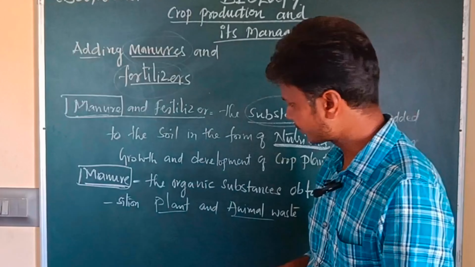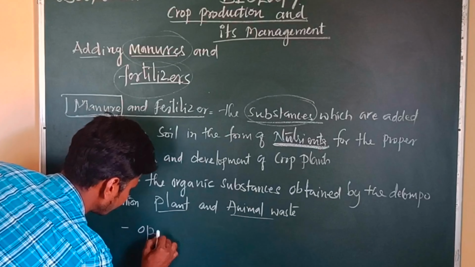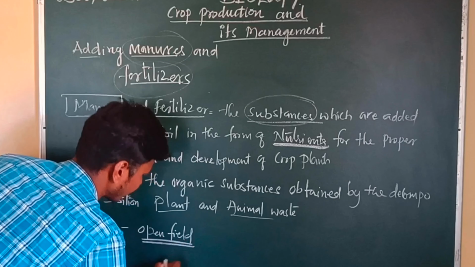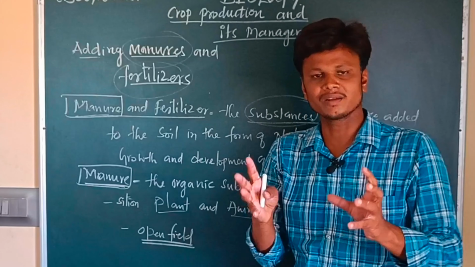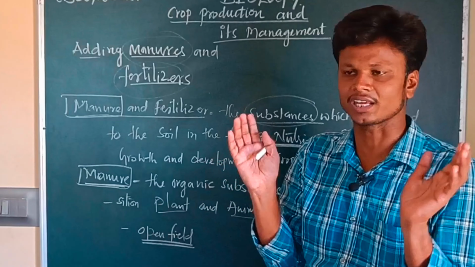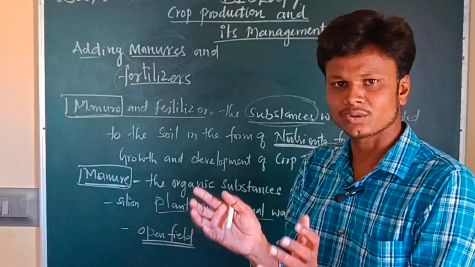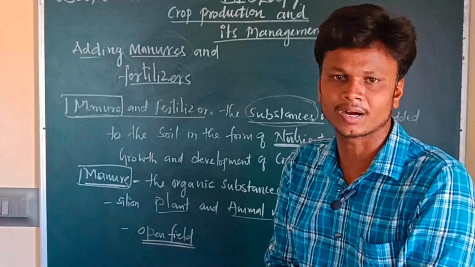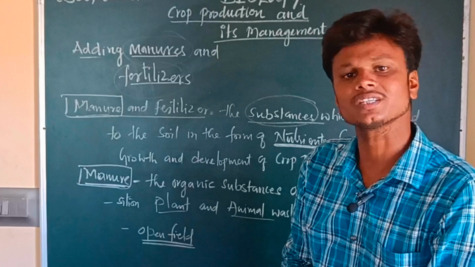Okay, so this manure is prepared in an open field. You might have observed in the village side that early morning the farmers carry the cow dung or animal dung or any plant waste in a basket, and they go and dump it in a pit they have made. Later I will show the picture of this.